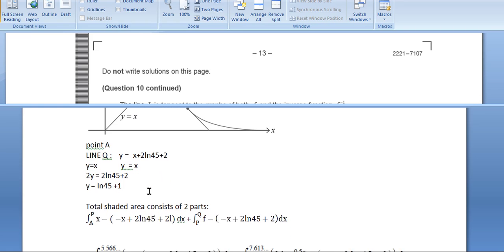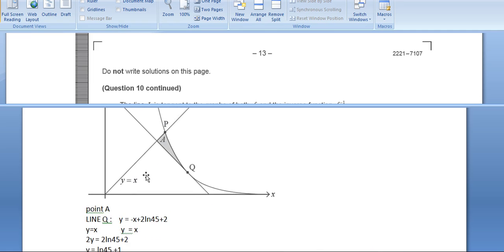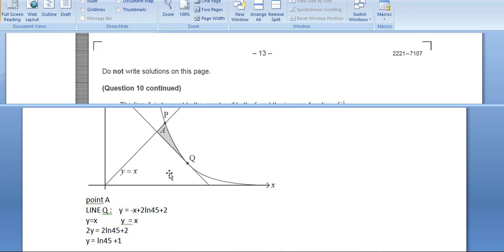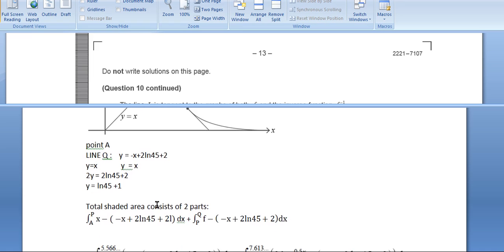So right here is the solution. Point A, line Q intersect. Okay, so x or y doesn't matter.